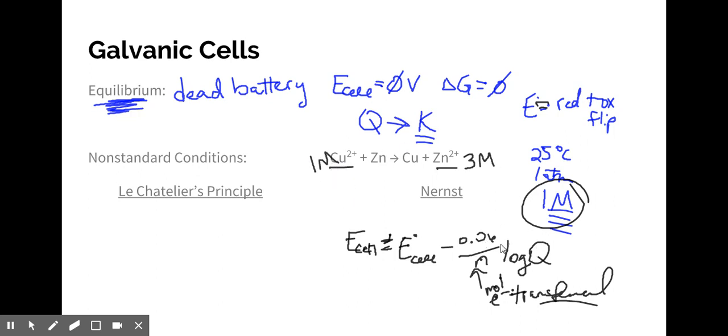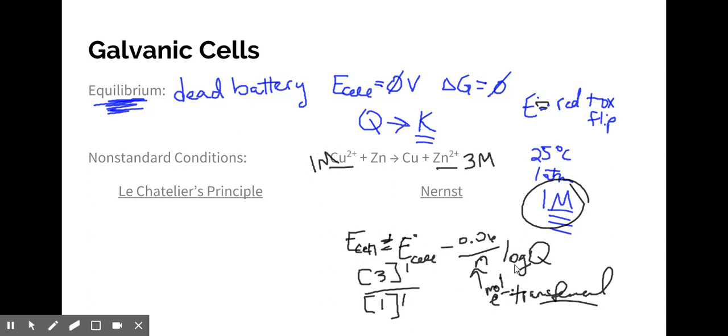How I'm going to find Q is I'm going to take the products raised to their coefficient, which in this case is 1. So I would say 3 raised to the 1 over the reactants' concentration raised to its coefficient, which is also 1. All right, so it's products over reactants. That is what I plug in for Q.